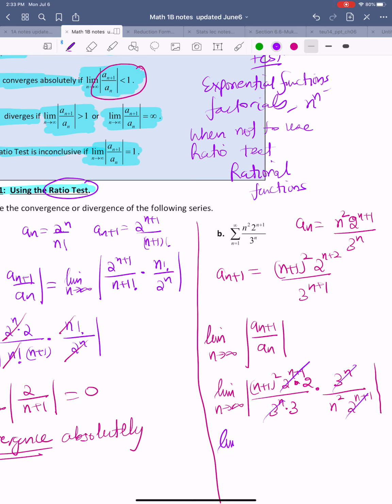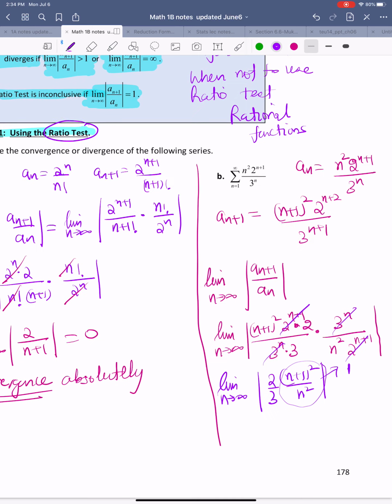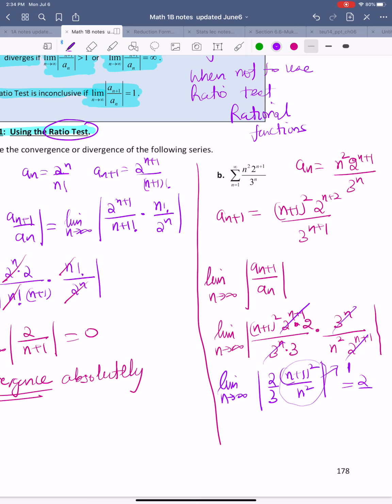So I'm left with the limit as n goes to infinity of 2/3 times (n+1) squared over n squared. And when n goes to infinity, because we have the same degree on top and bottom, remember the limits from Calculus 1, this limit goes to 1, which turns out to be 2/3. And 2/3 is less than 1. So we have absolute convergence. This series converges absolutely.